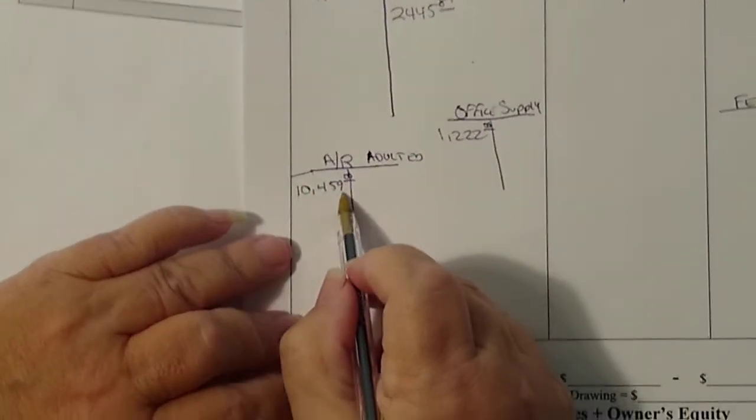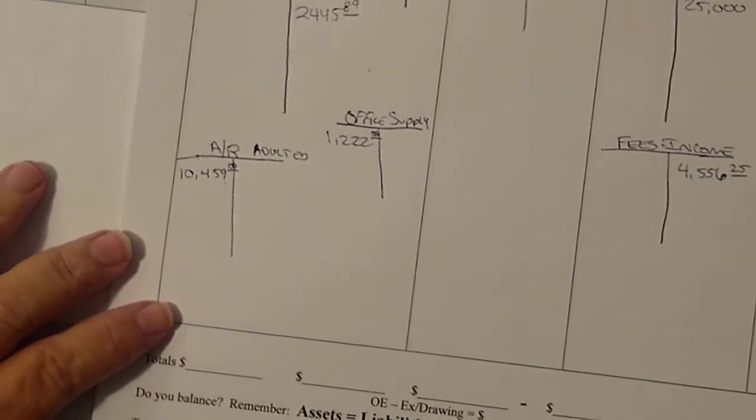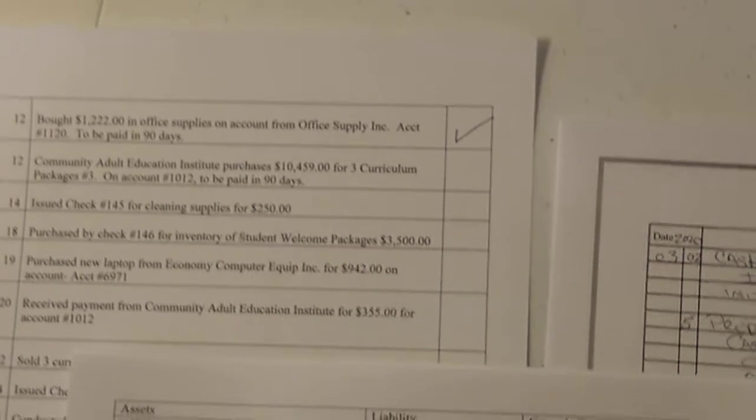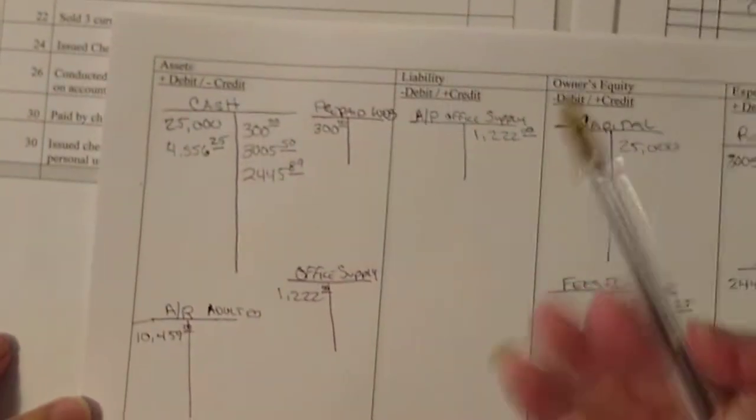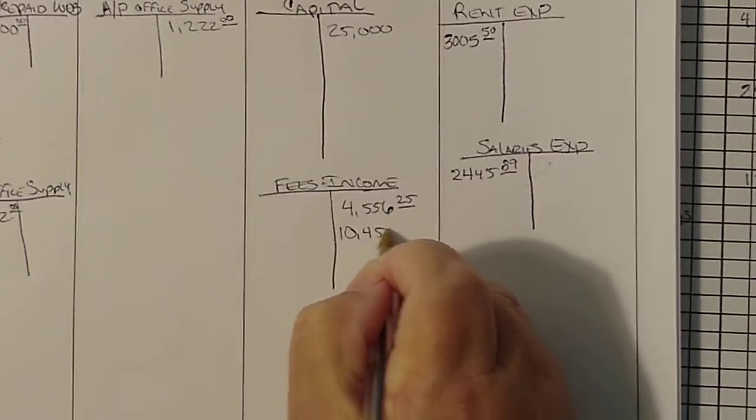Okay, $10,459 even. All right, what account gets credited? Well, they purchased it from us, so we consider this revenue, or otherwise known as fees income. So we debited that one, so now we're going to credit this one. $10,459.